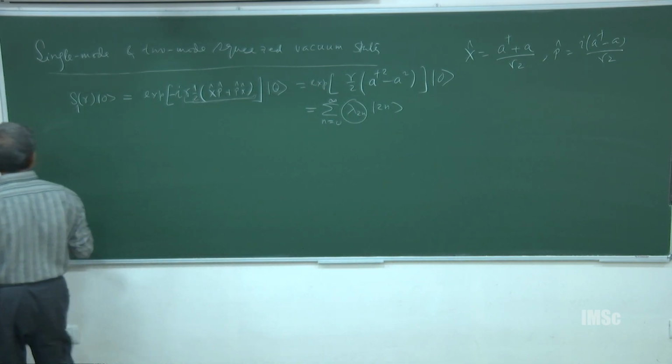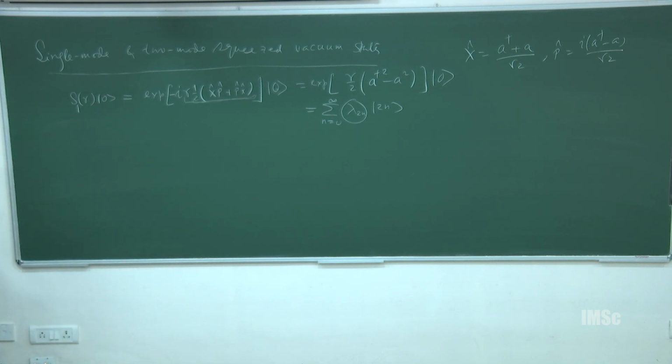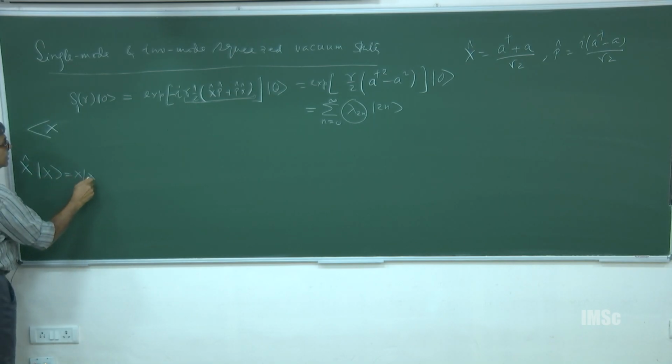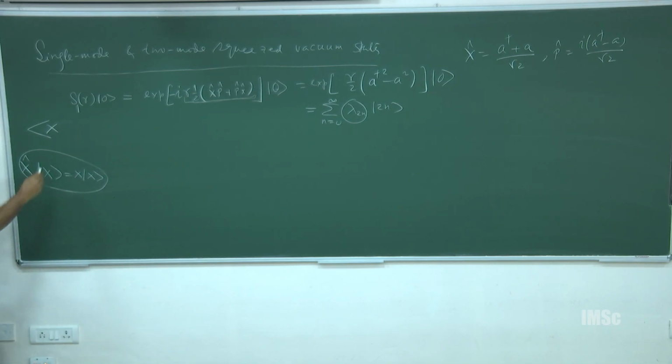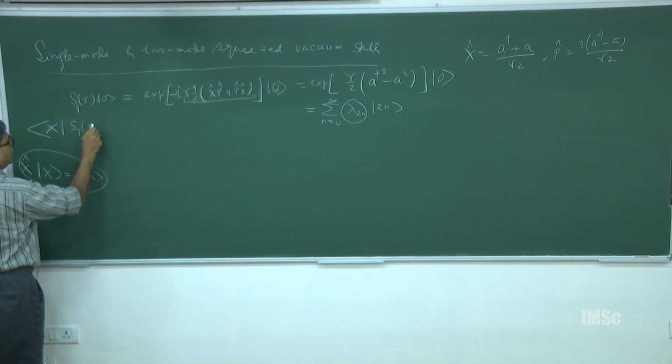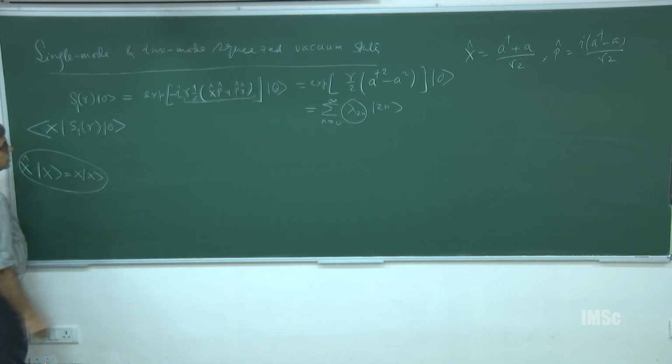Now let us look at first its wave function. This is your position quadrature, which is dimensionless. Basically, this dimensionless position operator acting on the state x gives you x times the state x. So this is the eigenvalue equation. So this is the inner product of x with S1 of R acting on the vacuum, if I want to calculate this.